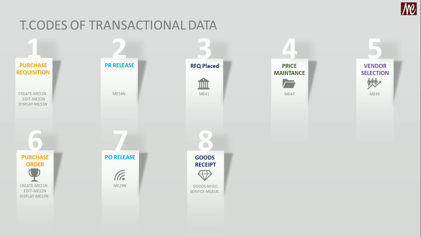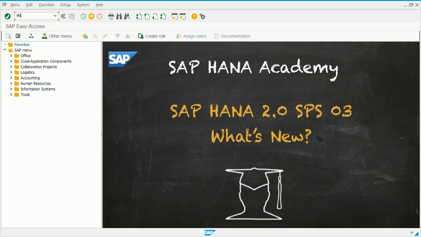Going ahead to the next transaction code, this one is related to goods receipt. Goods receipt towards direct purchase and indirect purchase. That is the reason two transaction codes are listed here. The second transaction code, the service transaction code, let's park for some time. First of all, let's discuss goods receipt. Goods receipt is carried out through MIGO, and here you can see how this transaction code looks.